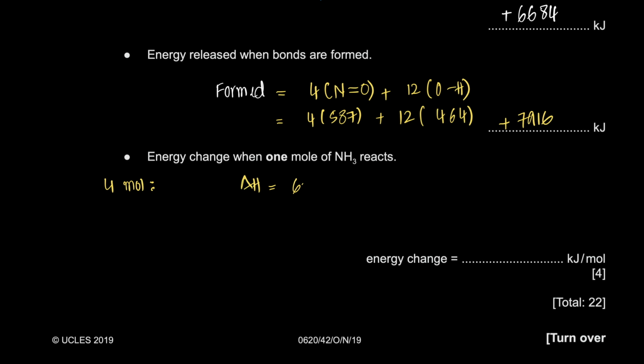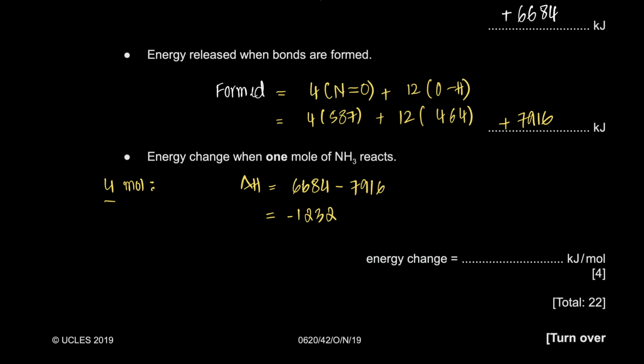So it's 6684 minus 7916, right? What is this coming out to be? I'm getting negative 1232. But that's for 4 moles. What would it be for 1 mole?